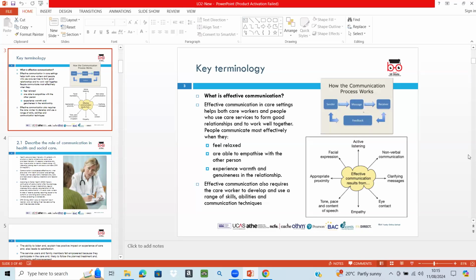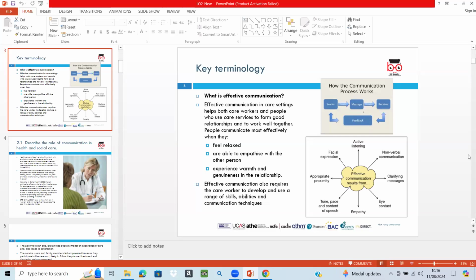What is effective communication? What it does is it forms good relationships. Building trust is essential in healthcare, and effective communication is the key to forming a strong relationship with the service user.